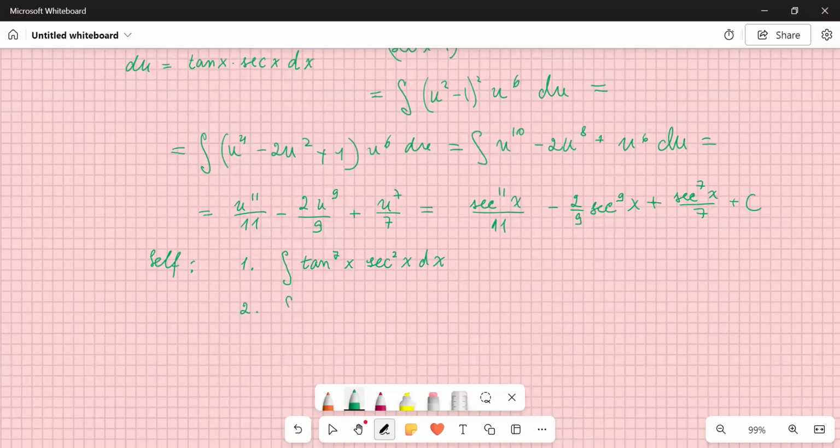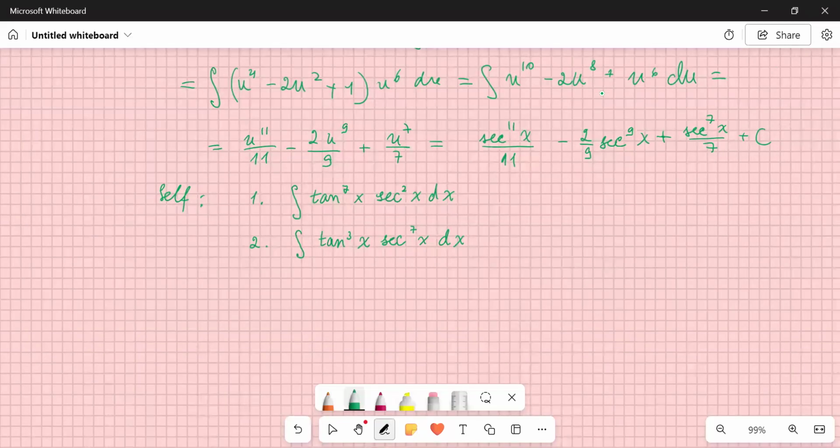The second problem. Okay, so two problems. And we're going to move to special cases, which are not covered by the secant-tangent substitutions.